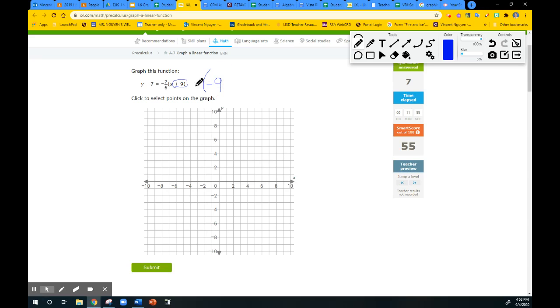The equation gives you +9. The point is actually -9, comma, and then the equation gives you -7, so the point is actually positive 7, right? That is really just the one thing you need to remember when you do point slope. Okay, x first, and it's opposite, and then y, it's also opposite.